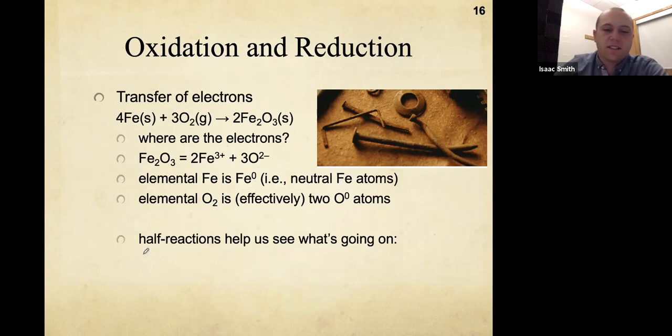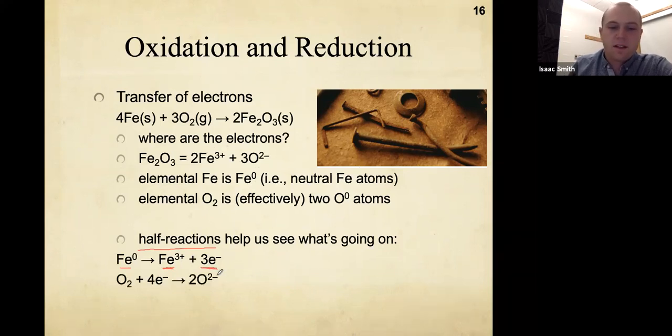So then we use these things called half reactions to help us see what's happening. Iron starts as iron 0 on the left side of the equation, and it goes to iron 3+. In order to go to iron 3+, it needed to give up 3 electrons, right? Oxygen goes from O0, so neutral oxygen, and it ends up as O2-.